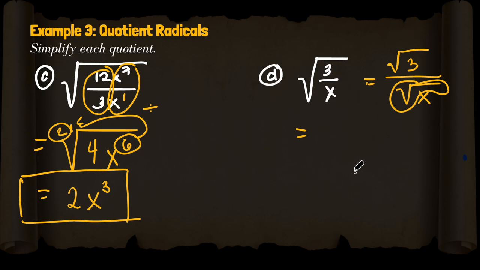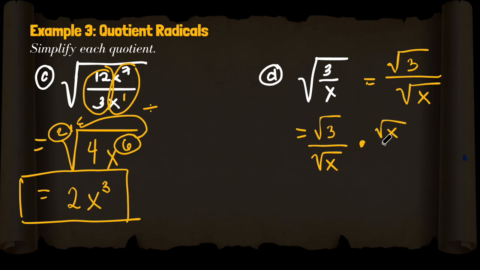Kasi bawal yun eh. So, kailangan natin i-rationalize yun. So, we can write it as square root of 3 over square root of x. Ang gagawin natin dito, we will multiply the numerator and the denominator by square root of x. Okay? Square root of x over square root of x.